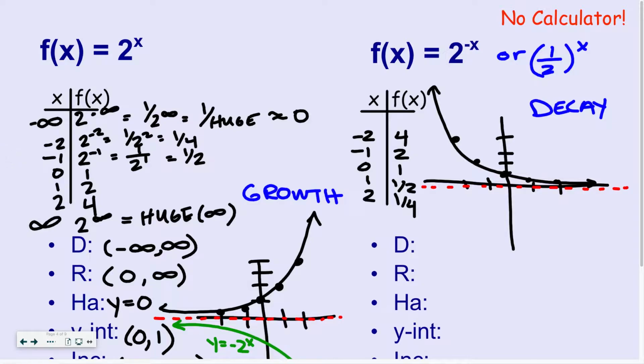So in this particular example, you would see that decay does look like a decrease. But if you were to flip it, decay can actually be increasing as well. Okay. So again, decay and growth don't have anything to do with increasing or decreasing. If I were to flip this, this would be y equals -2 to the negative x. That's still decay.